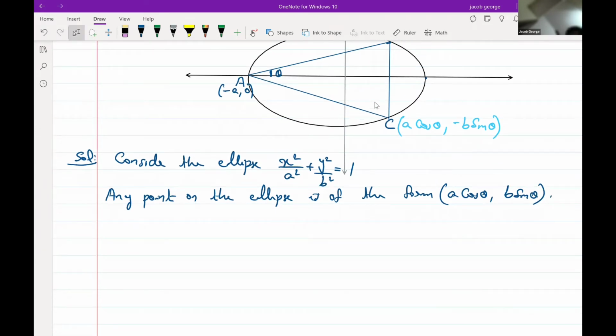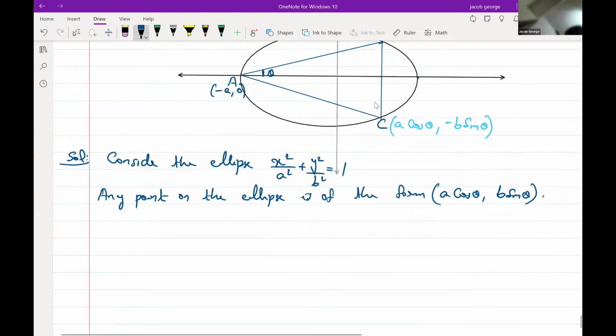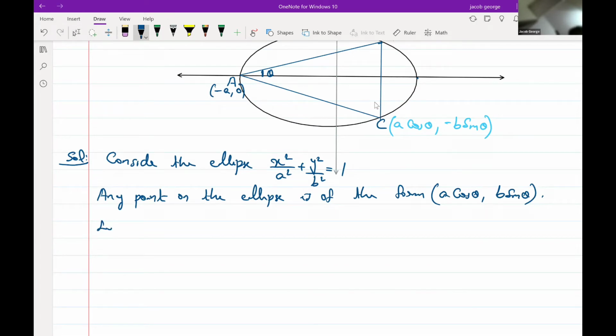But it will change according to the quadrant sign. Then let triangle ABC be an isosceles triangle inscribed in the given ellipse.